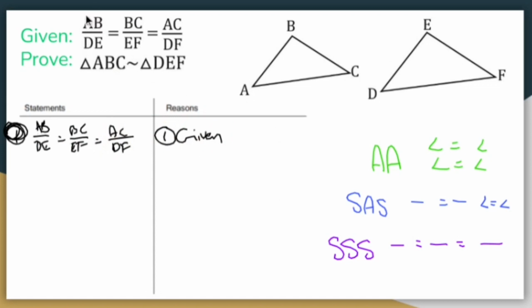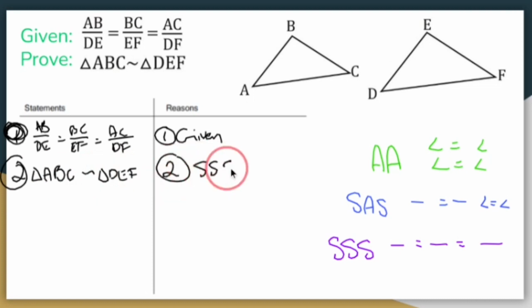These proportions equal that proportion, and we're done. ABC is similar to DEF, and that's using SSS. Very, very basic. Very easy. That's it. We're done.